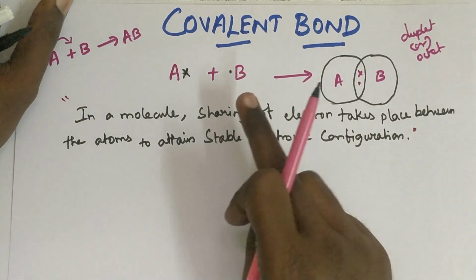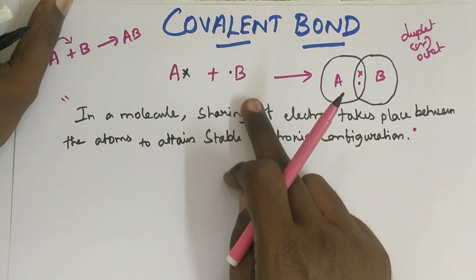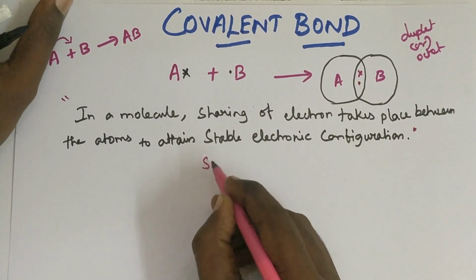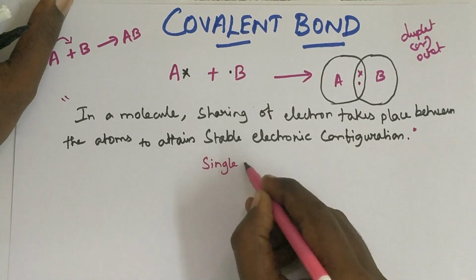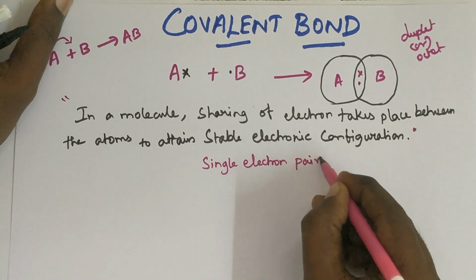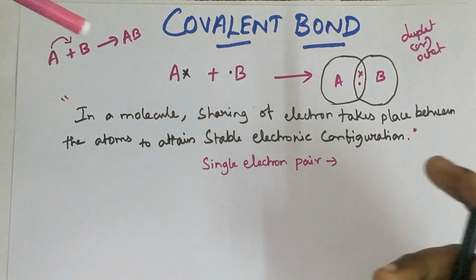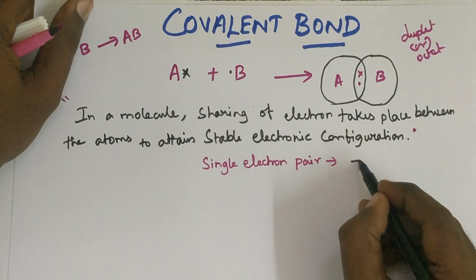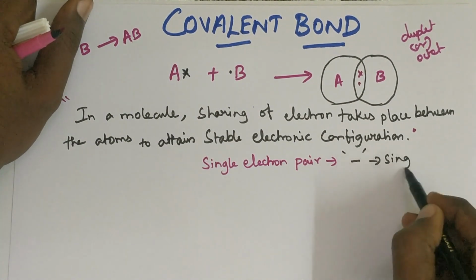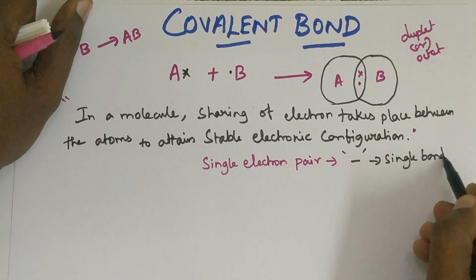I said these two atoms contribute with each other to form an electron pair. If it is a single electron pair, it results in the formation of a single bond. That's why I mentioned a single line. The single line denotes a single bond.